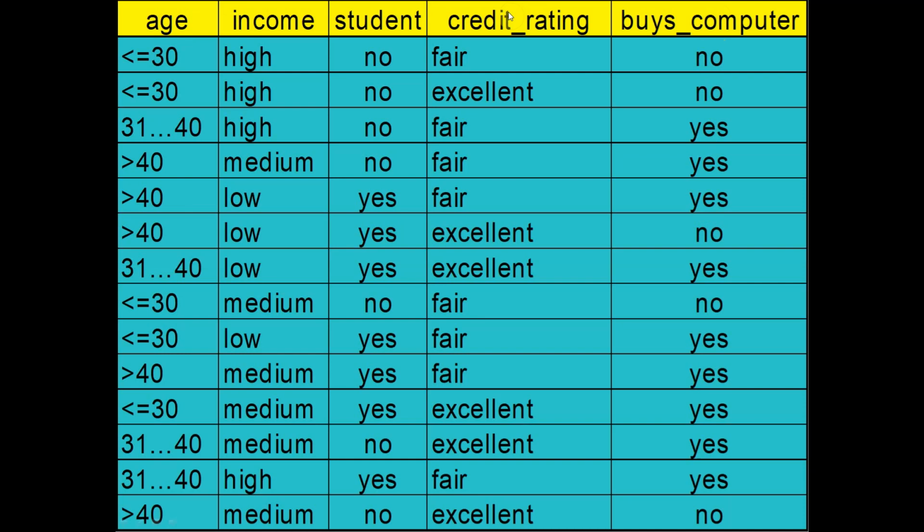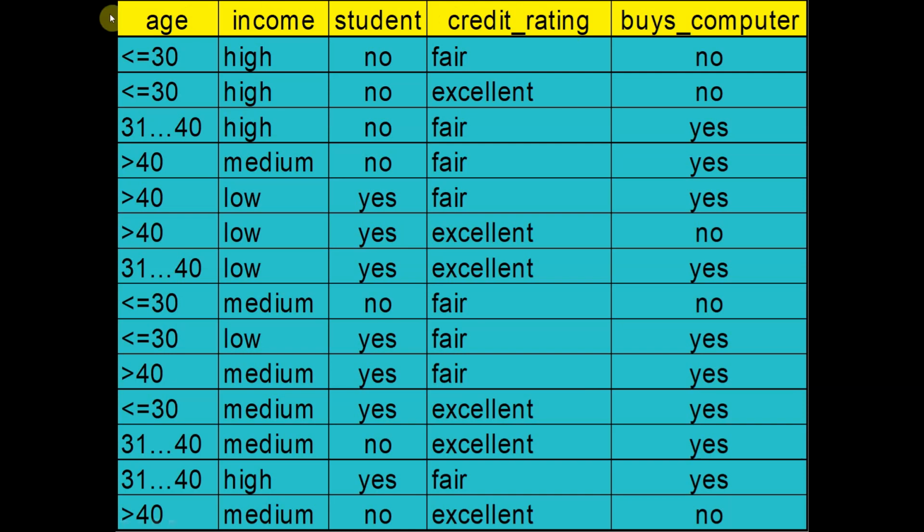In other words, starting from the root node, you have 4 choices. You can choose age as the first division branch, or income, or student, or credit rating. So we need to calculate something, what we call information gain, to see which one gives us the highest gain, and we will use that as our root testing branch.